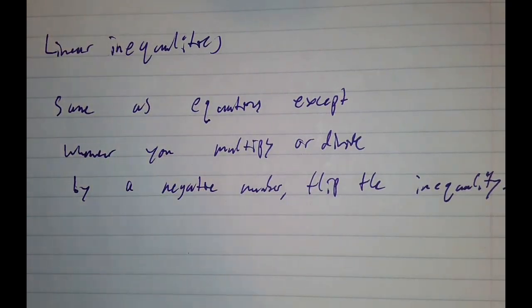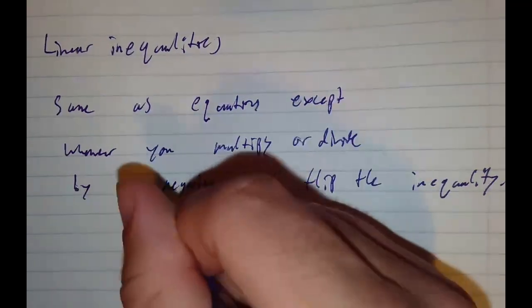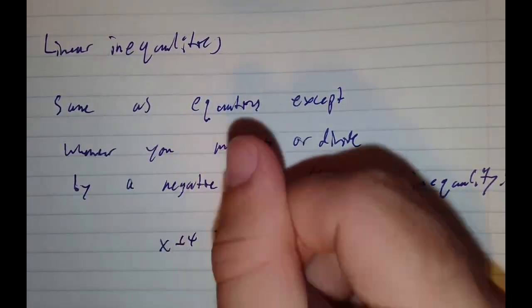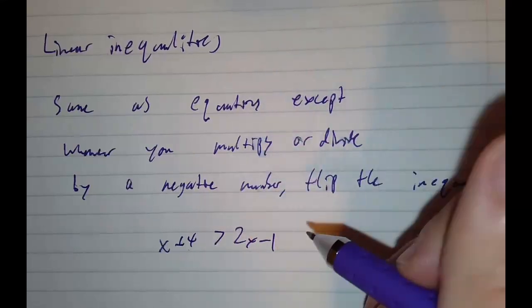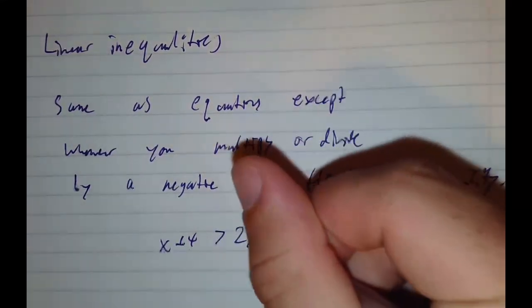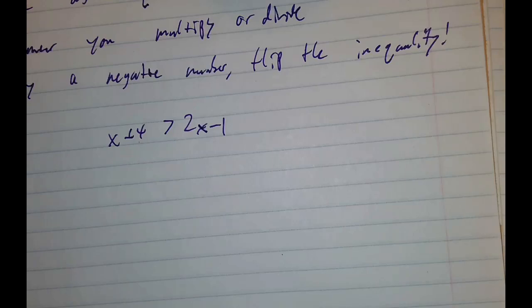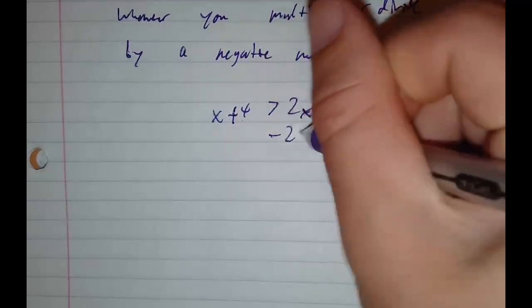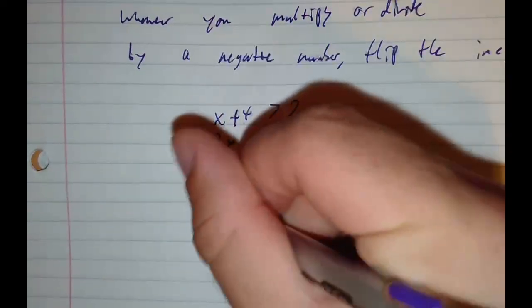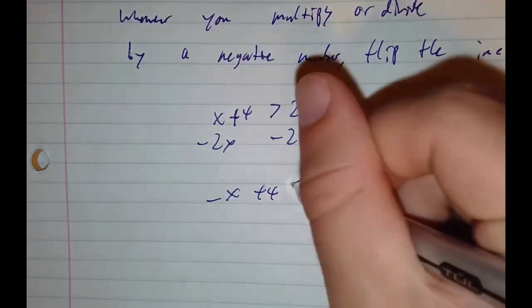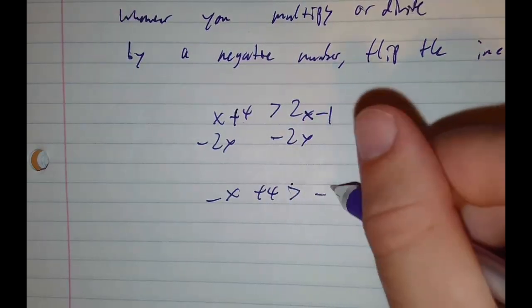Now I'll just show you an example. This is in your notes. We have x plus 4 greater than 2x minus 1. If we solve this by doing minus 2x here, we'd end up with negative x plus 4 is greater than -1.